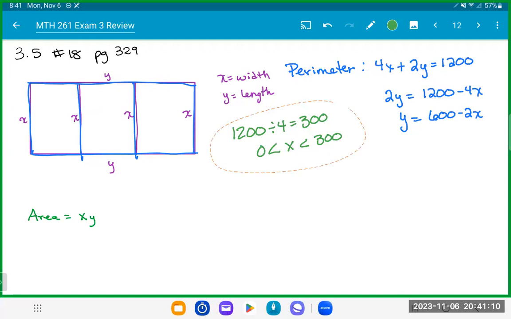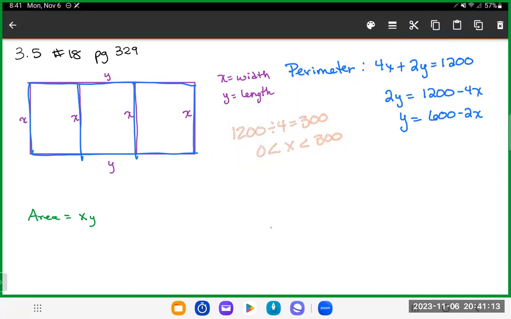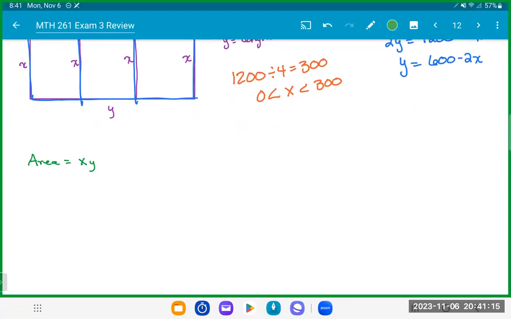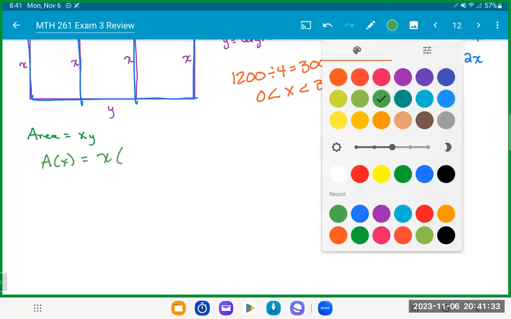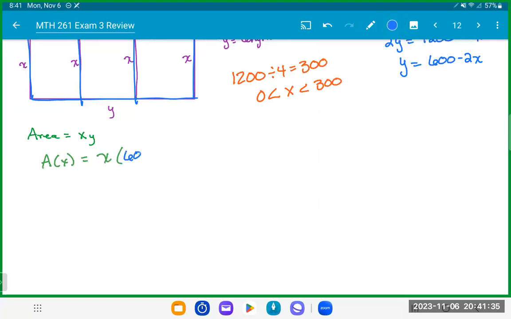So now I want to look at the area. The area is my length times my width. So that is x times y, and my y is really this 600 minus 2x. I'm just substituting that in over here.